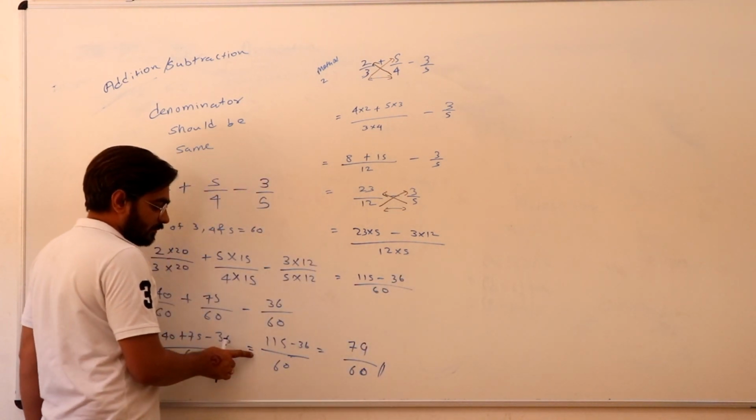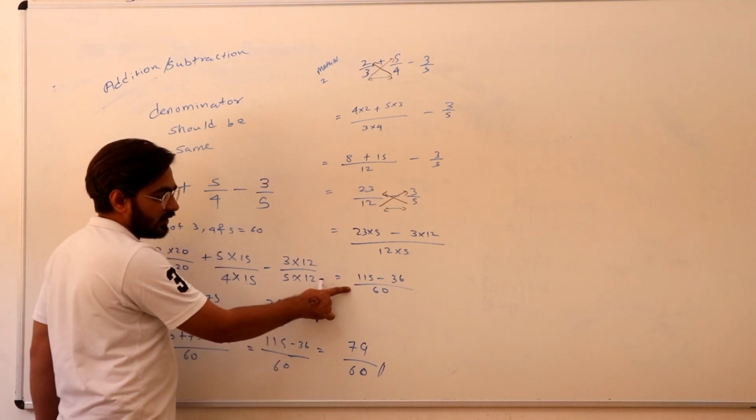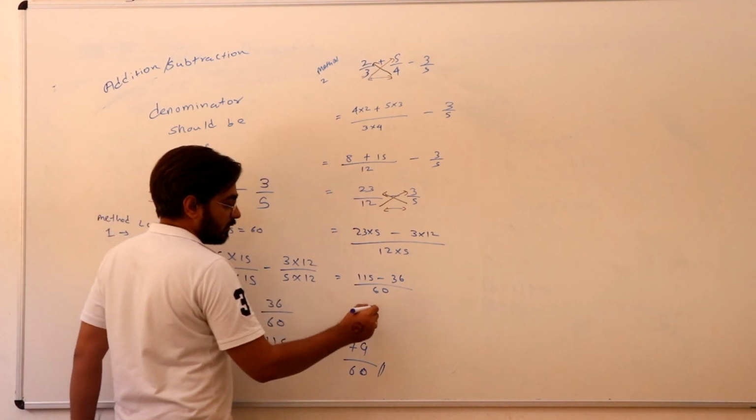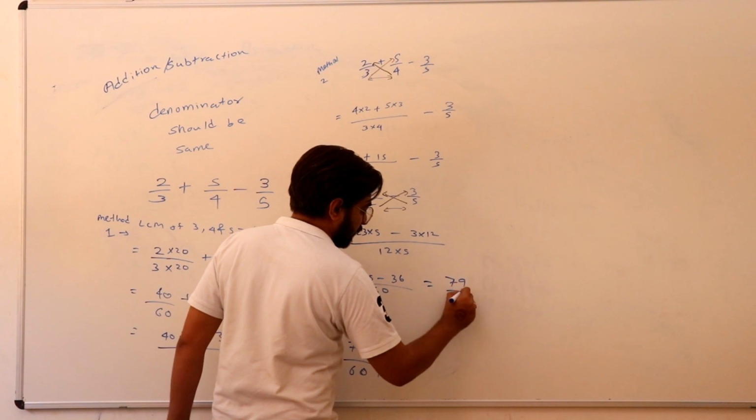Now you remember this step, 115 minus 36, we have reached the same step. So the answer is 79 upon 60.